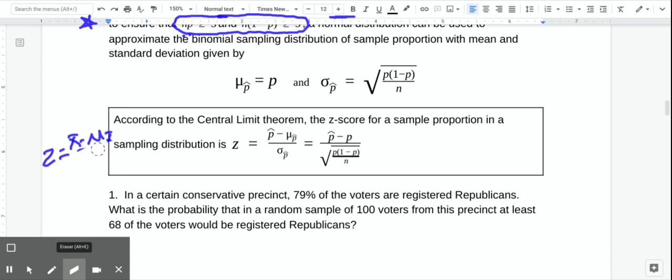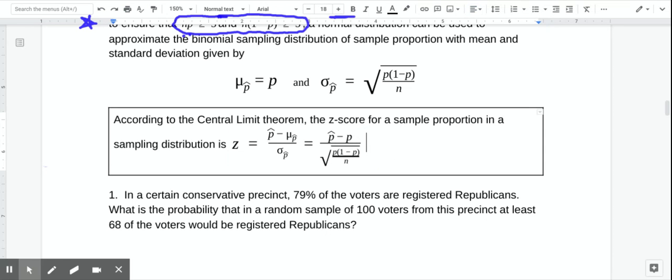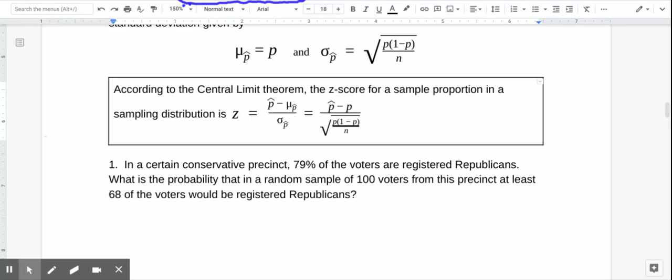This adjusted z-score is for proportions. So it's going to be p hat minus p over the square root of p times 1 minus p over n. All of those are on your formula sheet. So again, you don't need to memorize these. You just need to recognize when you need to use this.